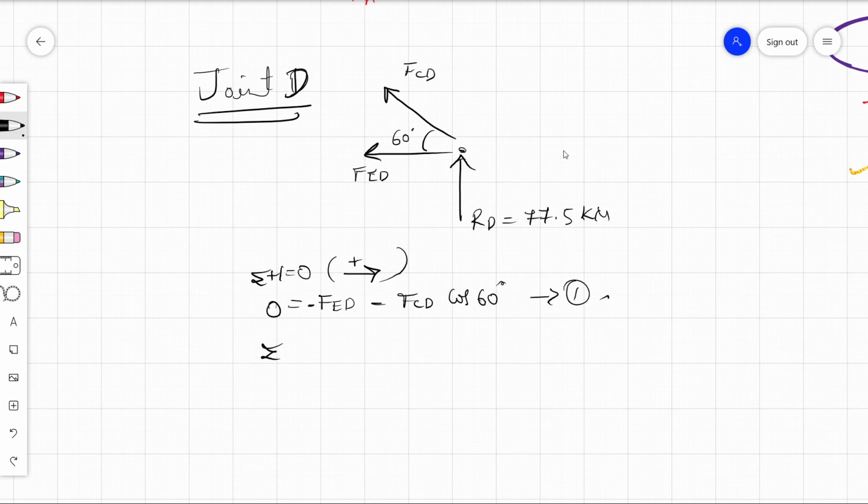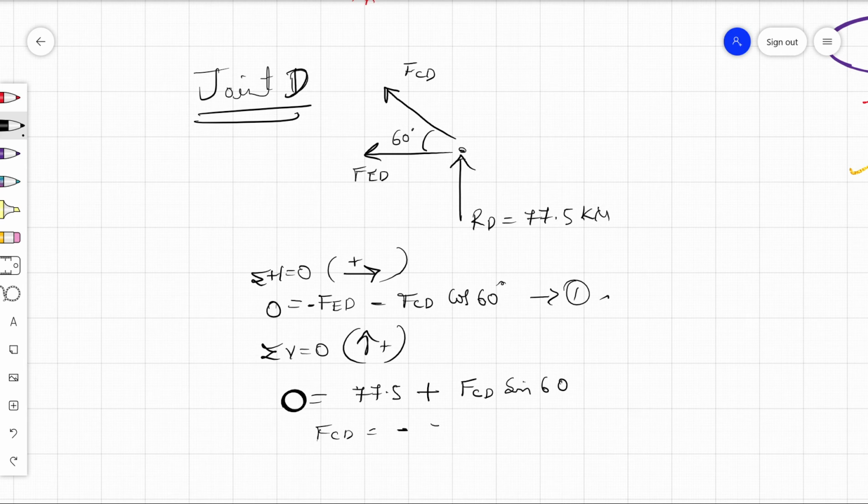And next is summation of vertical force is equal to 0. We have taken upward as positive. That means upward is RD, the value of RD is 77.5. And you can see that there is one more force, that is FCD, and it is also going upward. Its Y component is FCD sine 60 degree. So FCD is equal to minus 77.5 divided by sine 60 degree.